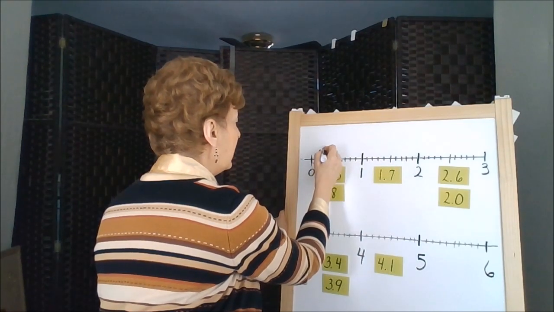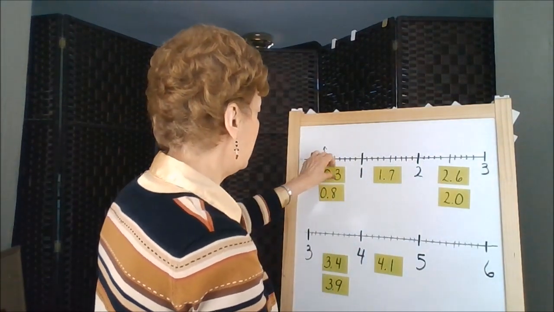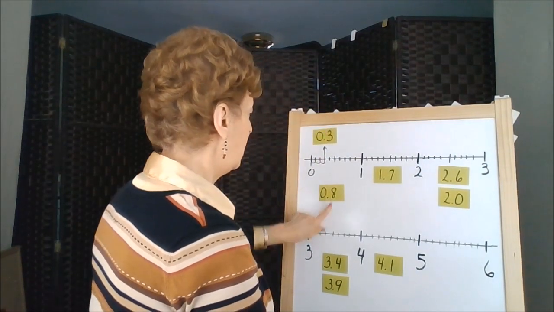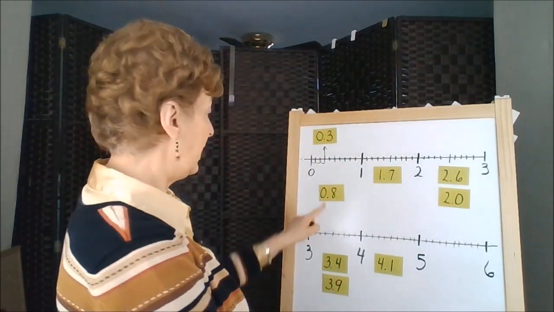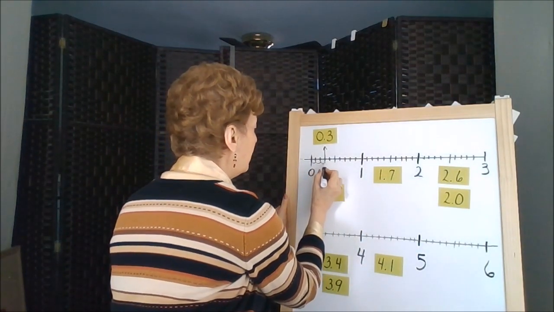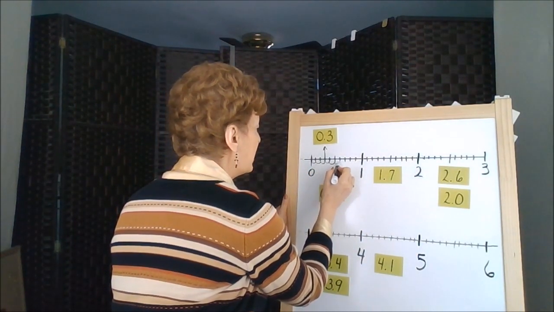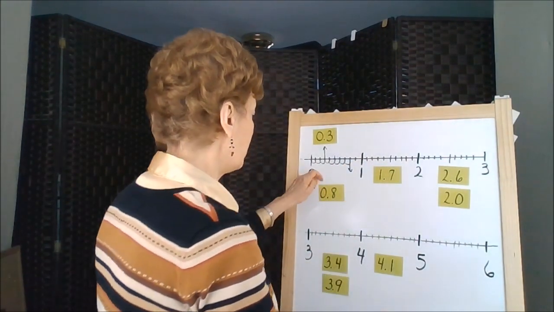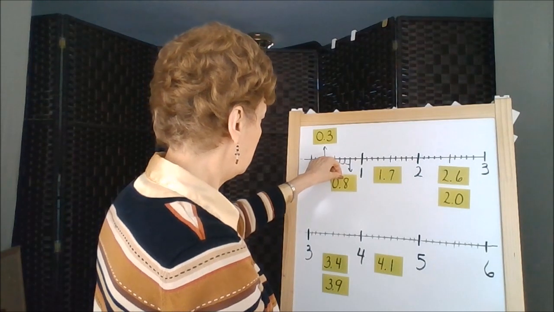At this point right here, we would place the 0.3. 0.8 means 8/10. We have to jump over 8. 1, 2, 3, 4, 5, 6, 7, and 8.